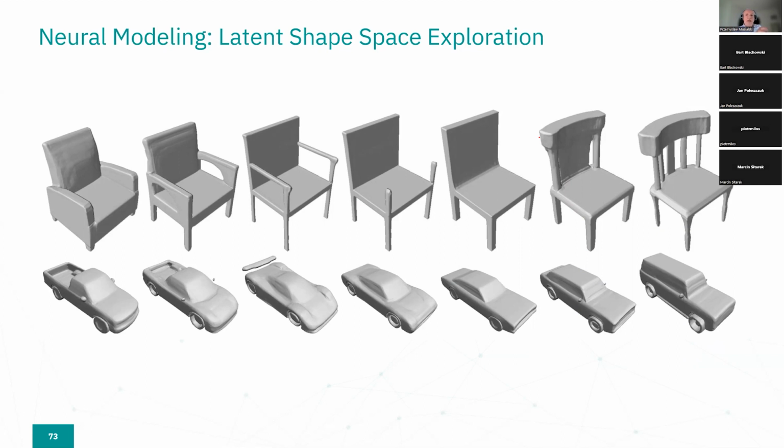For example, let's say I have a database, ShapeNet, of 10,000 chairs. I take the 10,000 chairs, create point clouds of them, signed distance fields, and I train a network. And the network stores inside a function, a mapping for all 10,000 chairs, in one single network.